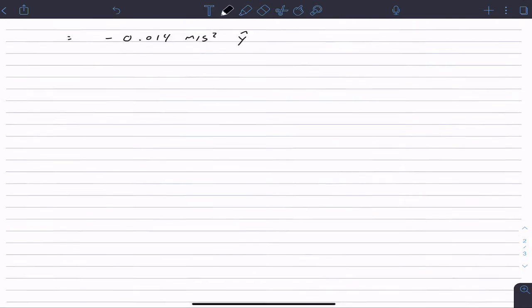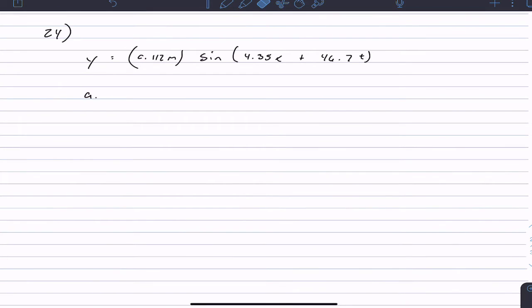Number 24. Okay, so we are asked to find the propagation speed of a wave. We're given this wave function. It's on a thin wire. And so the propagation speed is going to be the same thing as the wave speed.